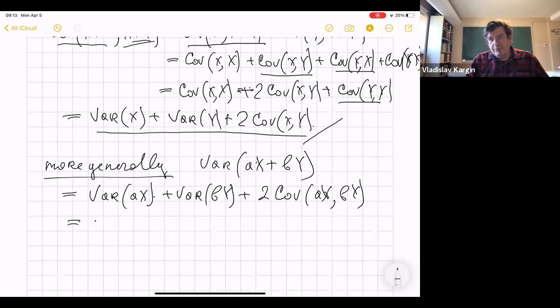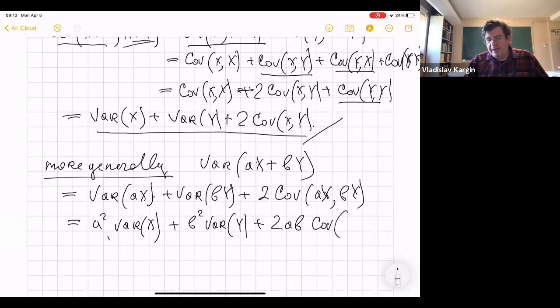So by the properties of covariance, it's equal to a squared variance of x plus b squared variance of y plus 2ab covariance of x and y.